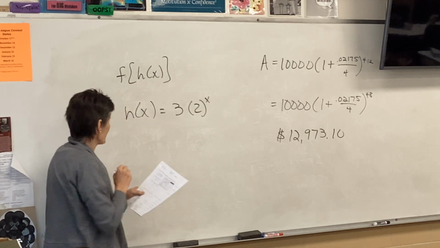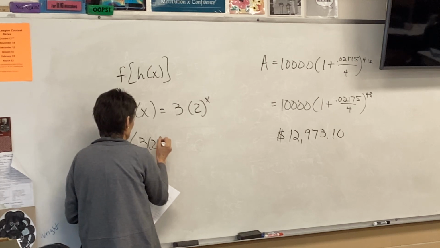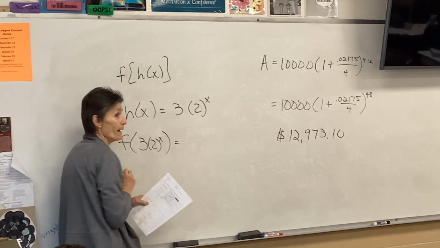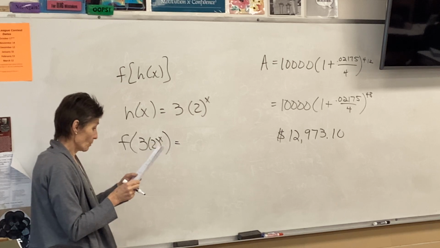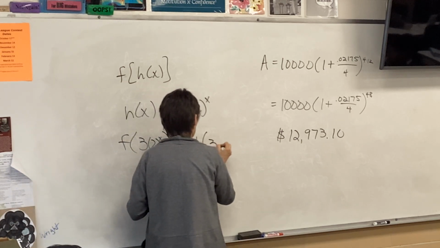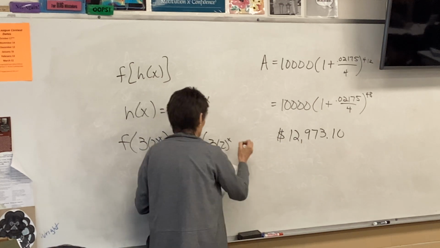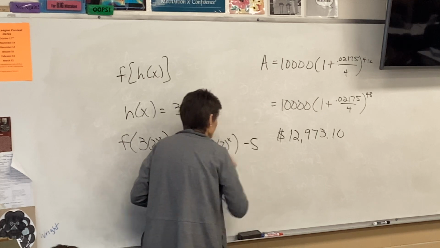And then I'm going to take that and plug it into f. So f is 4 times 3 times 2 to the x minus 5.